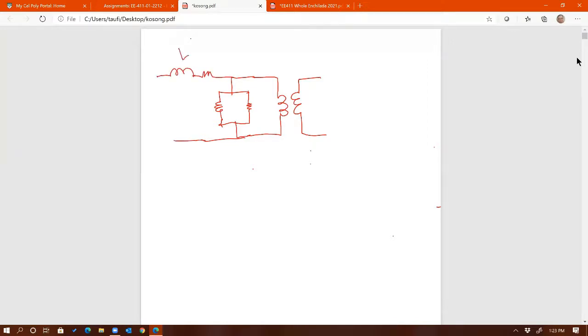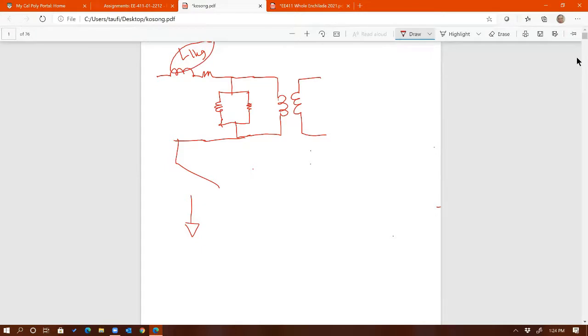This is the leakage inductance right here. Now, if you have a switch in series with this primary winding, for example, then we're going to have a problem here, right? Because this leakage inductance is not coupled to anything. The magnetizing inductance is coupled to the secondary winding, but this inductor is not coupled to anything.